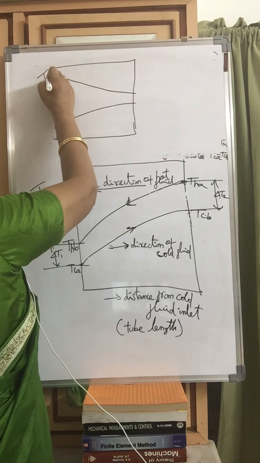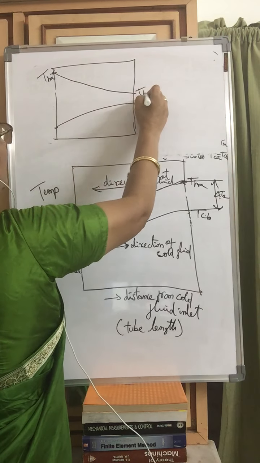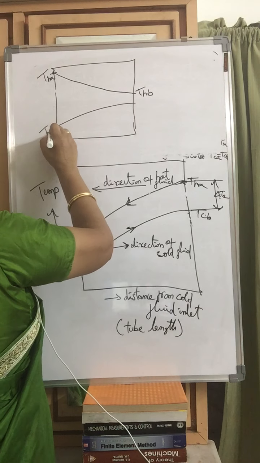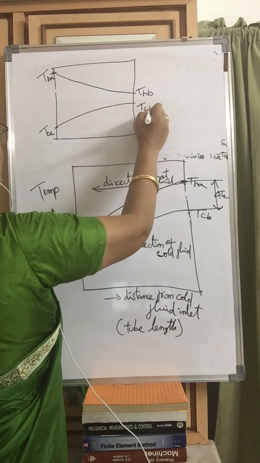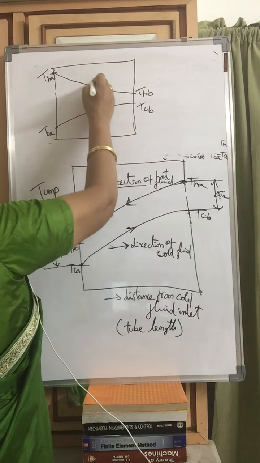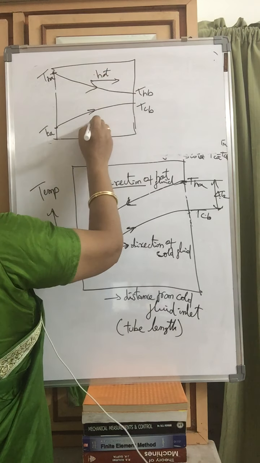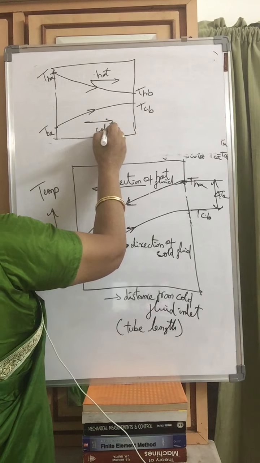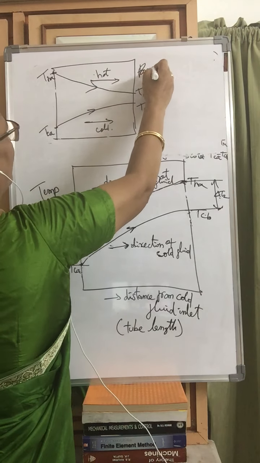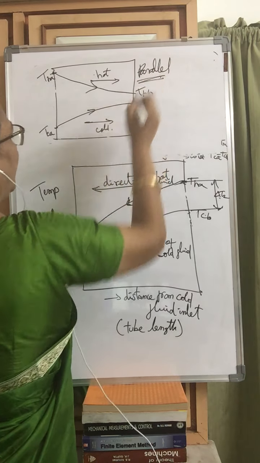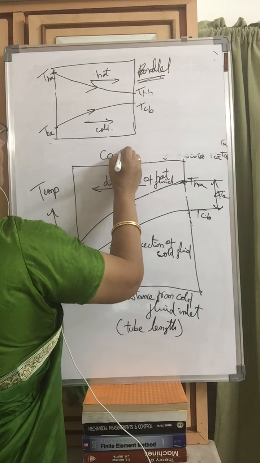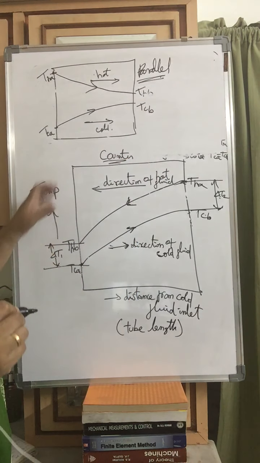This is THA and this is THB. This is TCA and this is TCB. This is hot fluid and this is cold fluid. This is parallel and this is counter. Now we will compare these two.